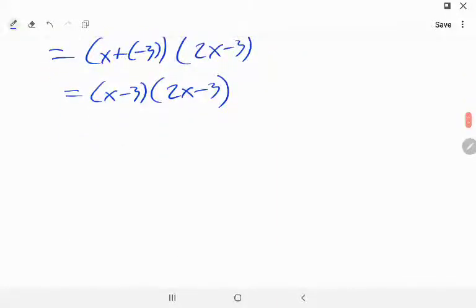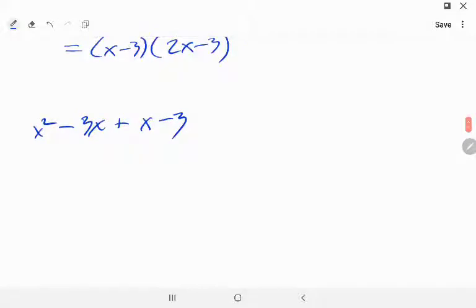So you'll notice we're also sometimes pulling out a factor of 1. If we're going to look at something like x squared minus 3x plus x minus 3, we notice that that's going to be x times the quantity x minus 3, but the only common factor x and negative 3 have is 1, but we can do that.